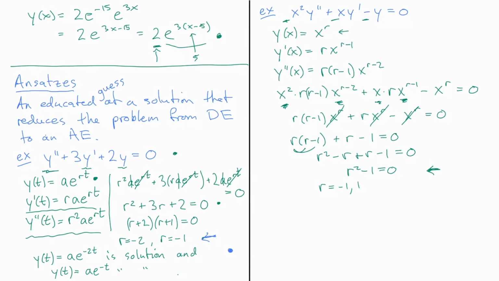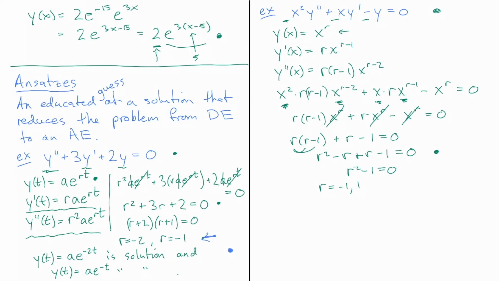And maybe if you're happy with power functions with complex powers, you understand what that function looks like, but I'm going to consider that to be outside the scope of what I would expect you to know. So what that means is that this educated guess will work for some differential equations, but it'll run you into trouble in others.